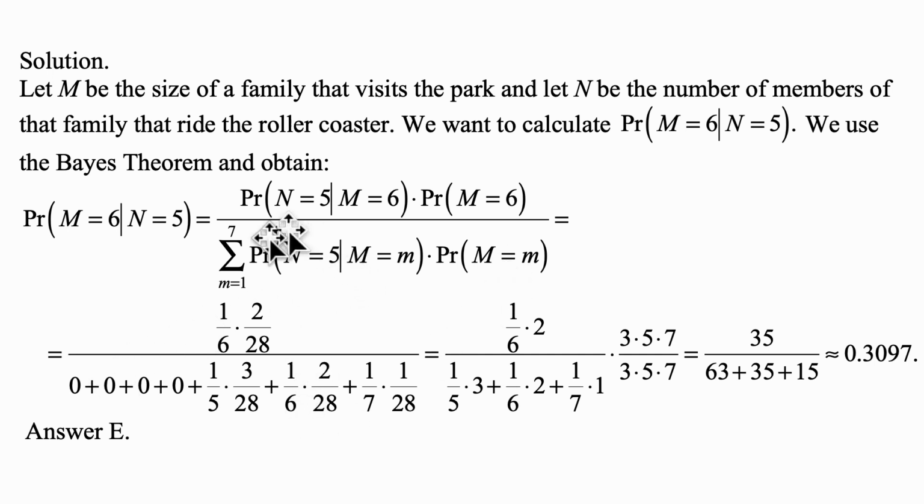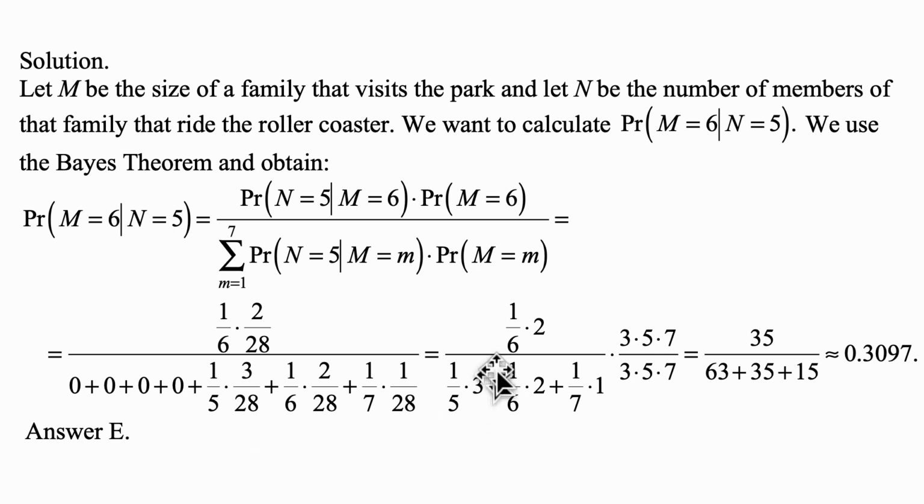Divided by, well, we need to do the same for all these possible values, and that's 0 for the first 4, then it's 1/5 times 3 over 28, and again that's straight from what is given in the problem for the probability distribution of m, and the conditional probability distribution of n given m. So plus 1/6 times 2 over 28 plus 1/7 times 1 over 28.